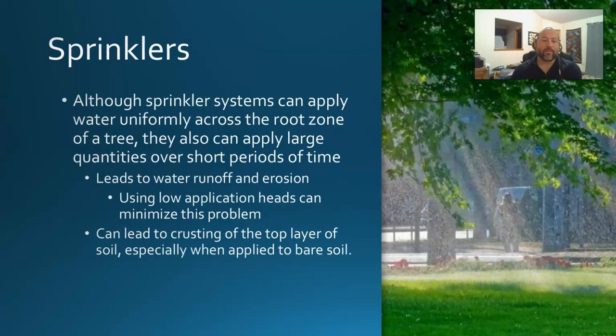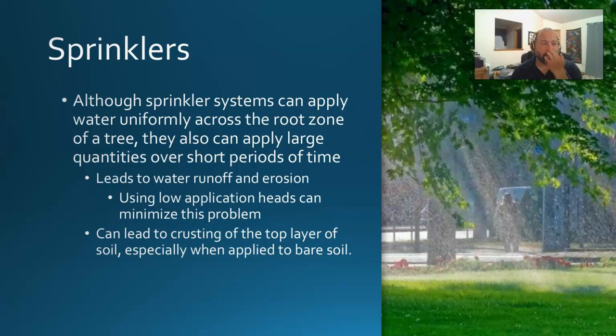So specifically with sprinklers, they are really good at applying water uniformly across the root zone of the tree because they get water everywhere. It's really important to make sure that they are applying the right amount of water, because if you get too much water in too small of a time, you get runoff, you get erosion, you start getting rills and channels and little things forming in the soil where the water just starts going off, and then that'll lead to more problems eventually.